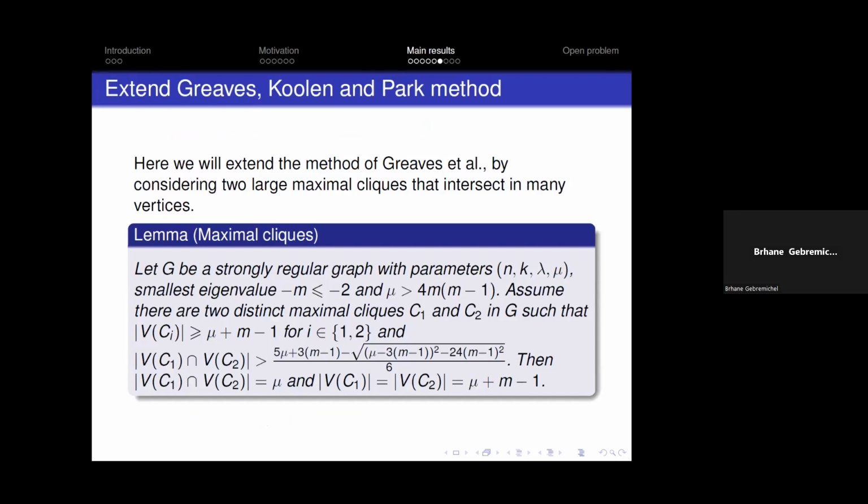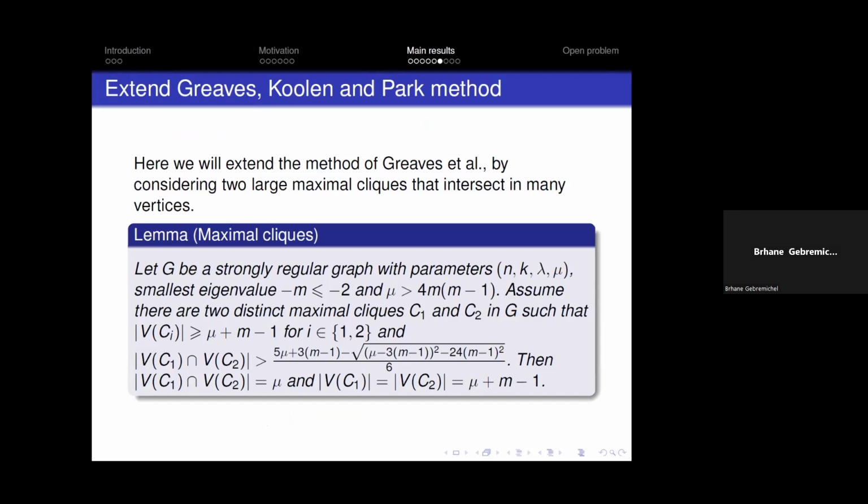Let G be a strongly regular graph with parameters (n, k, λ, μ) and smallest eigenvalue -m, at most -2, and μ is greater than 4m(m-1).